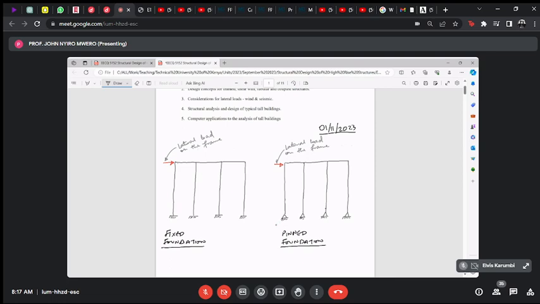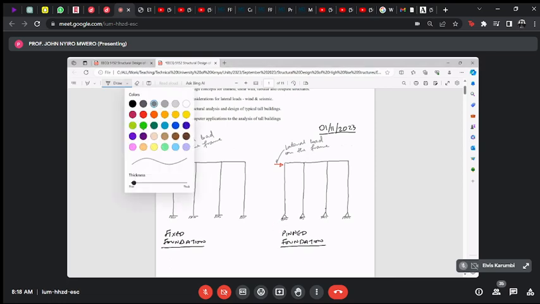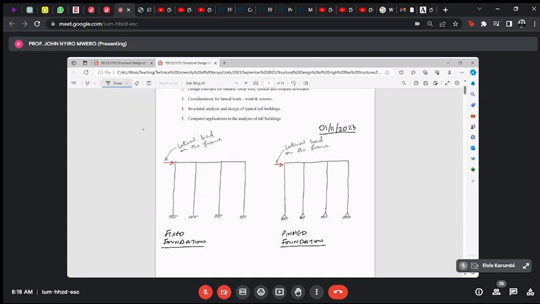Courtesy of this lateral load, from analysis of structures, we know that the column will have bending moments in this manner.